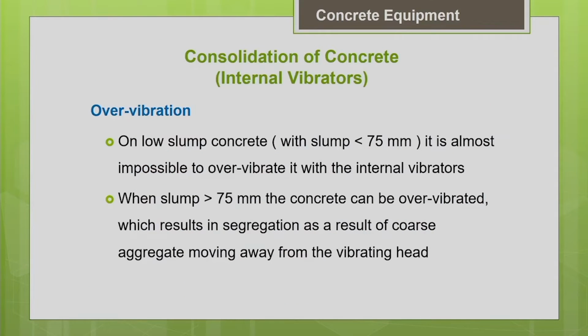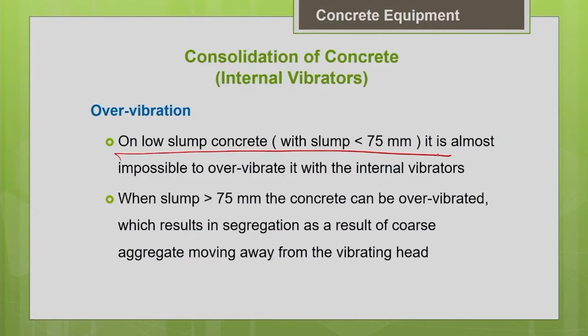Another thing you should keep in mind is that we should never over vibrate the concrete. If you over vibrate, it will result in segregation of your concrete. Generally, the chances for over vibration are there only in highly consistent mixes, in flowable concrete.